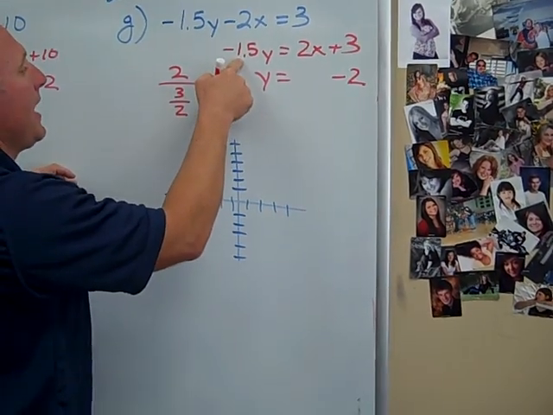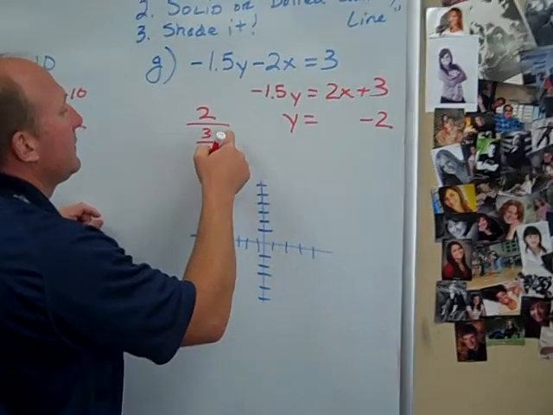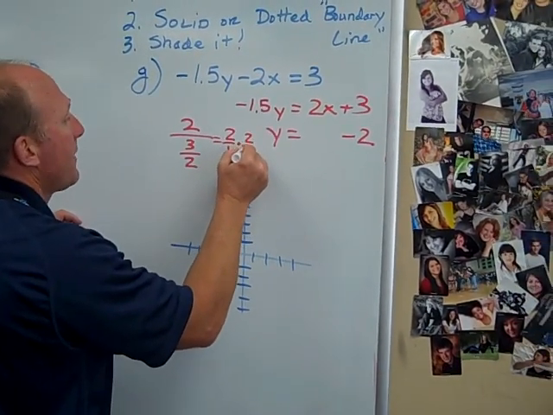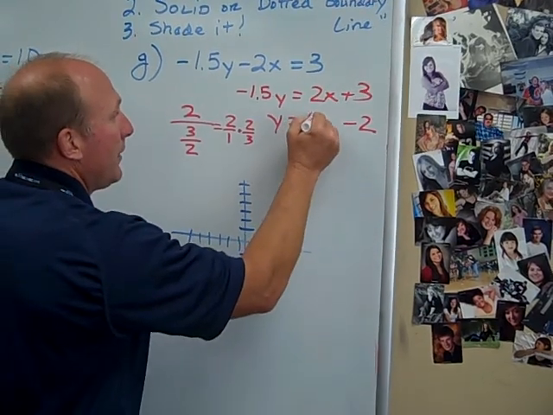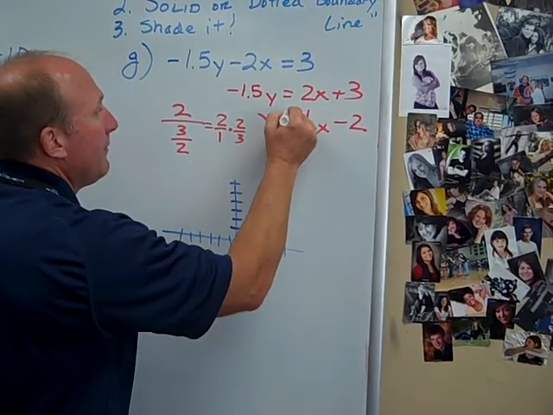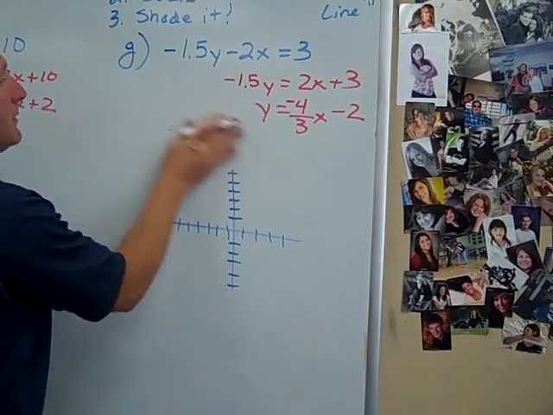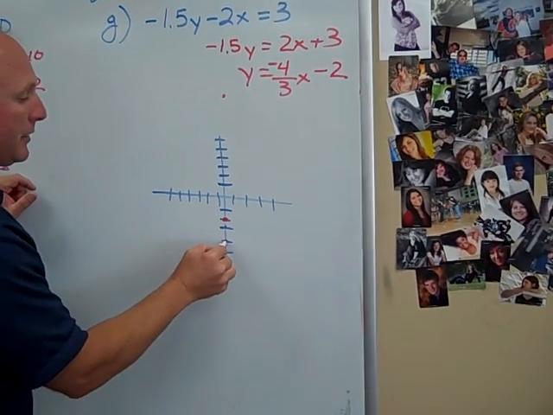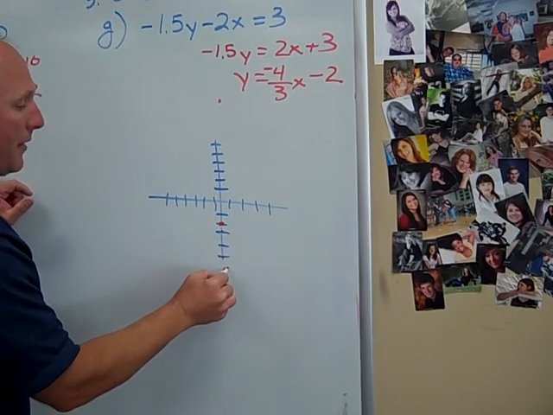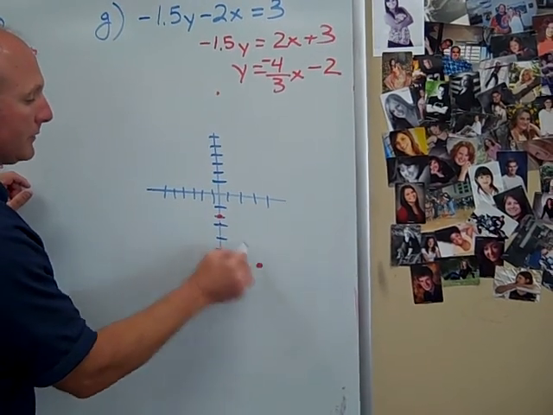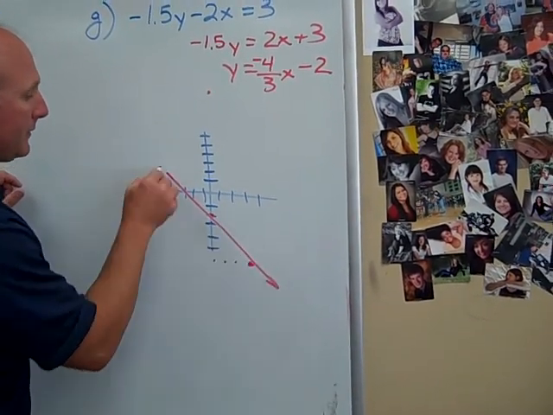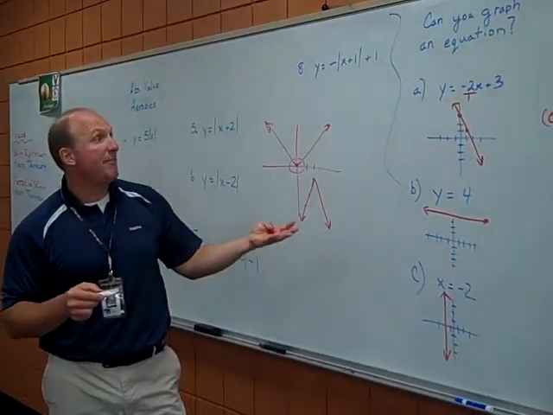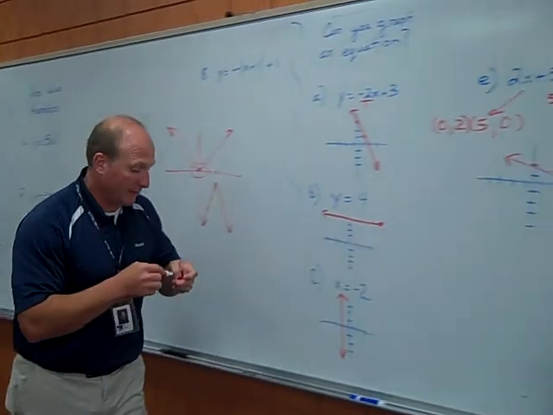Dividing is the same as multiplying by the reciprocal. So it's 4/3 x, and it would be negative. Okay. So we can do that. Negative 2, down 1, 2, 3, 4 over 1, 2, 3. Connect the dots. Hopefully that is a huge review. We did 5 problems in 2 minutes.